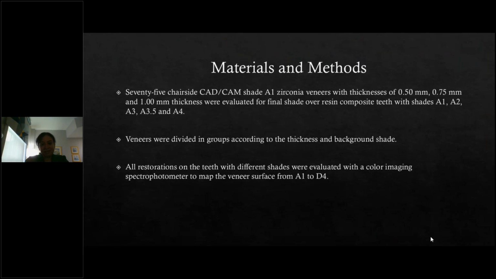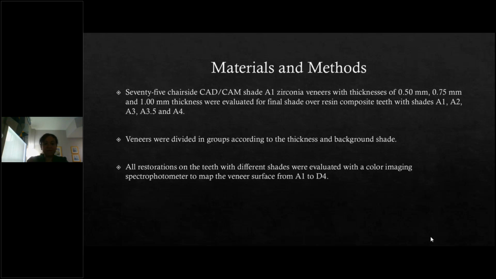So, the materials and methods that we used: we made 75 chairside CAD/CAM shade A1 zirconia veneers with thicknesses of 0.5 mm, 0.75 mm, and 1 mm. They were evaluated for final shade over resin composite teeth with shades A1, A2, A3, A3.5, and A4.